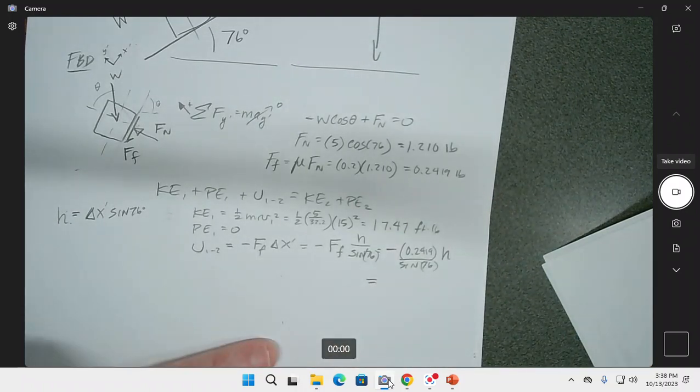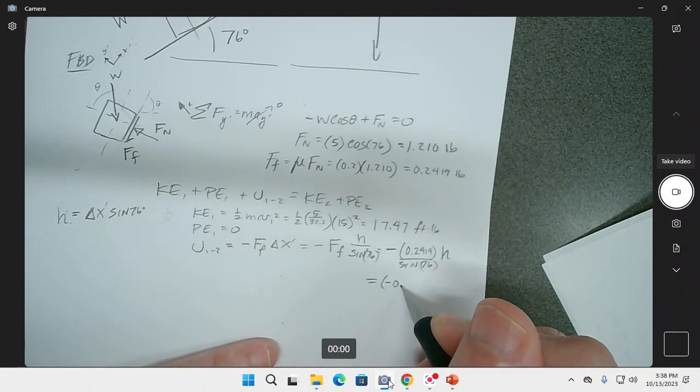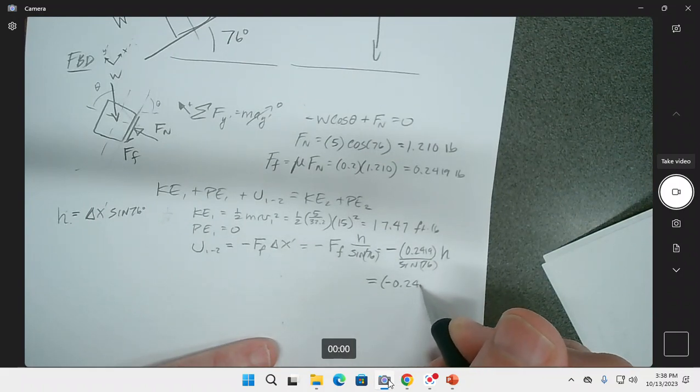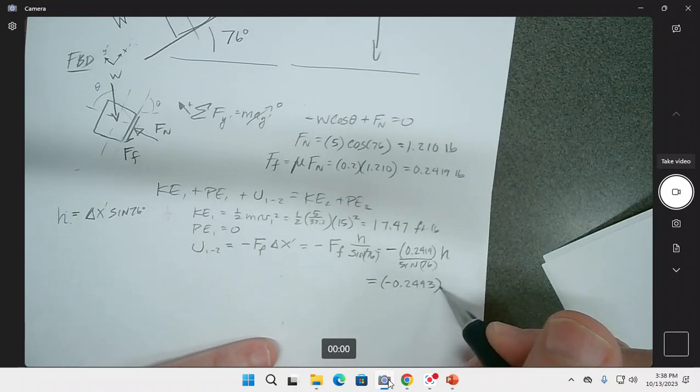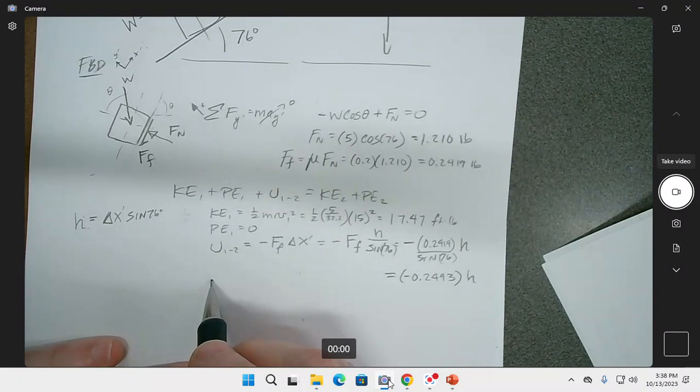I guess sine of 76, yeah, that's close to that. Okay. So negative, I put the negative inside the sum. 0.2493 H. And then kinetic energy at 2 is equal to 0.